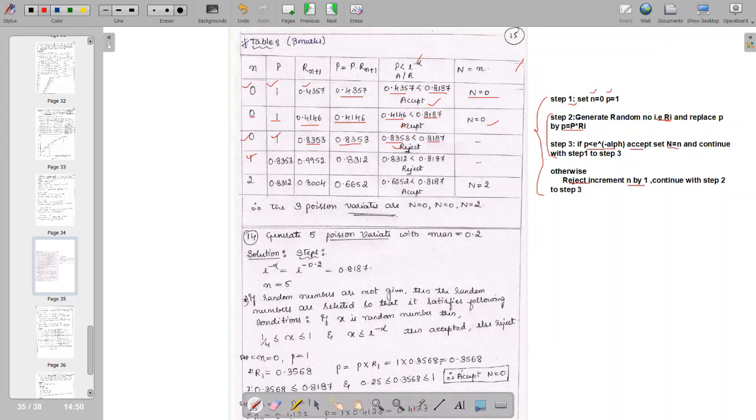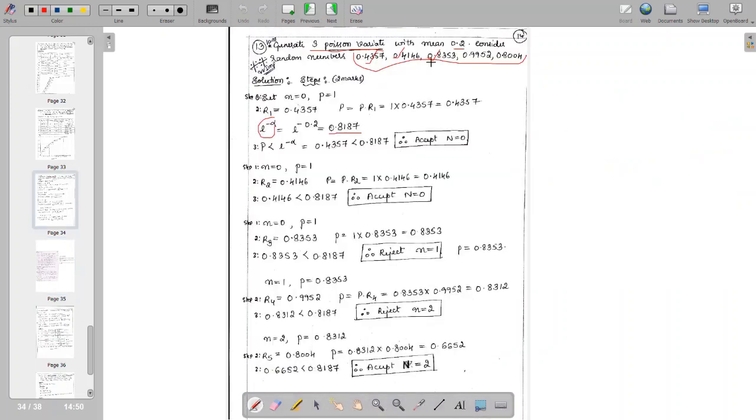Now this p value we got from the previous p value, 0.8353. Then multiply 0.8353 with the next random number. That is the second step, generate random number. The next random number is 0.9952.